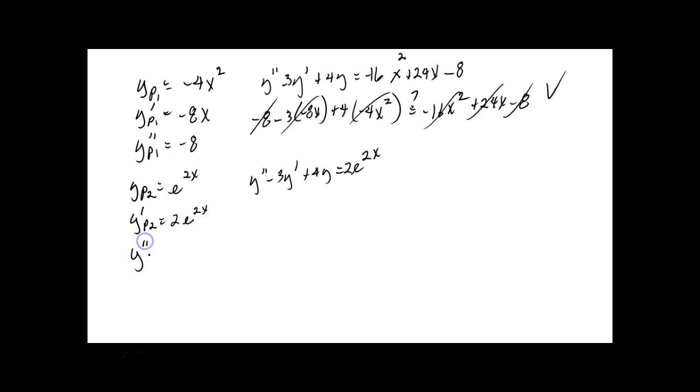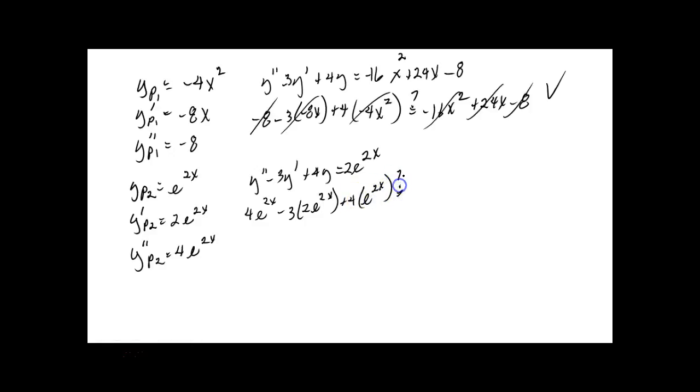And what's y double prime of p2? 4e to the 2x. So this will be 4e to the 2x minus 3 times 2e to the 2x plus 4 times e to the 2x.